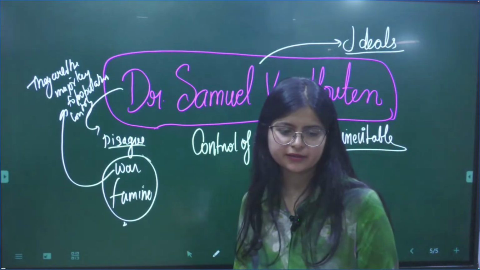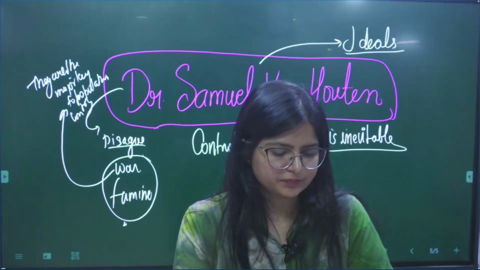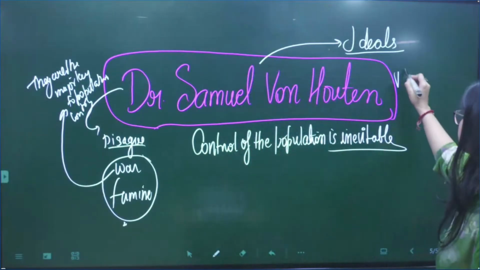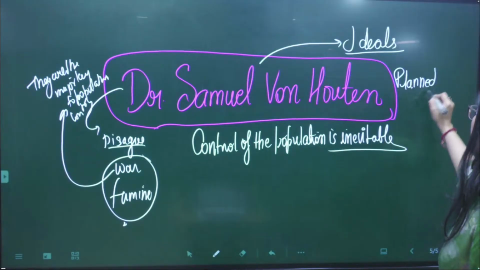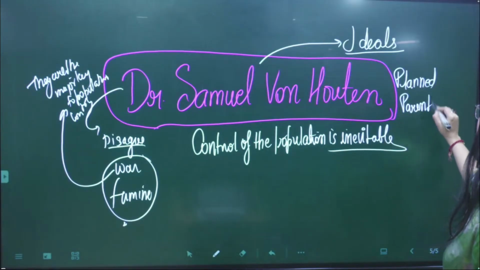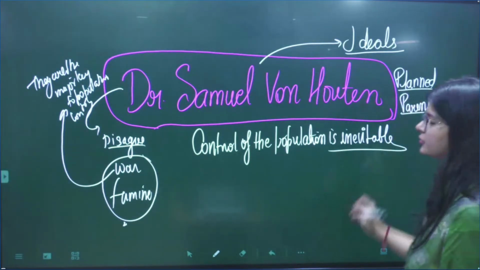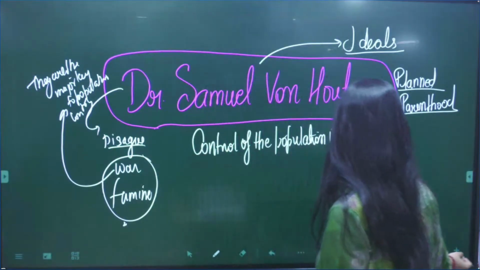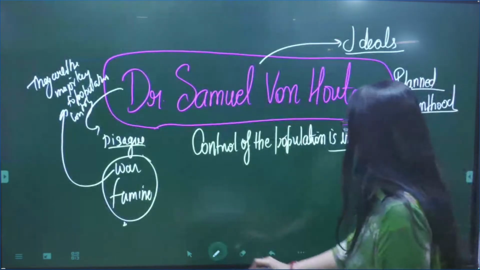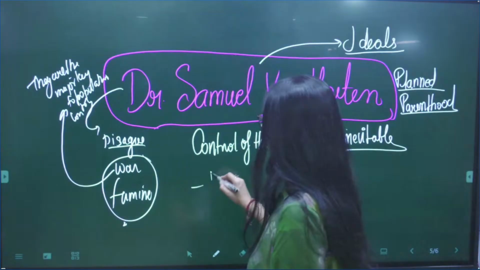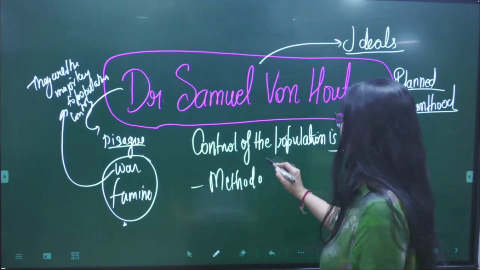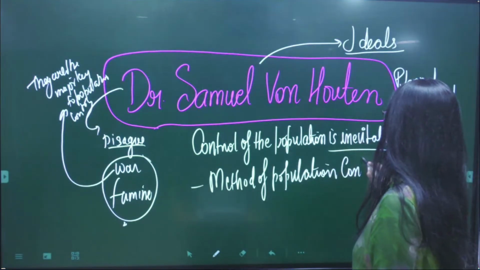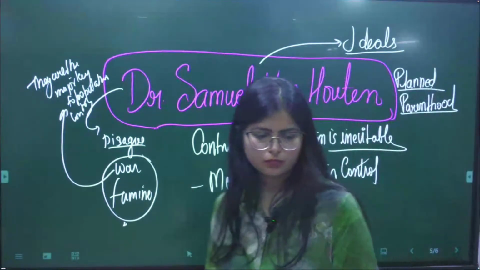For example, Planned Parenthood as the method of population control. Right? Full stop.